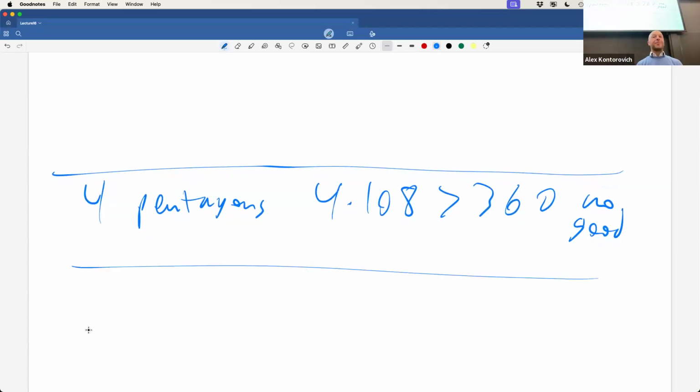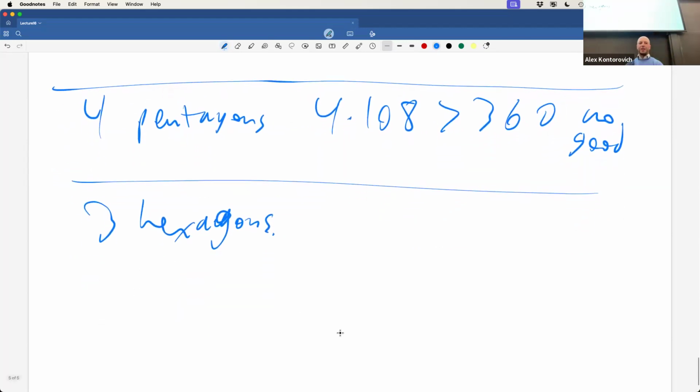Fine, so we're done with pentagons. How about 3 hexagons? What's the angle in a hexagon? That's not a hexagon. That's a hexagon. 120, because it's 6 equilateral triangles, right? So you have 60 and 60.